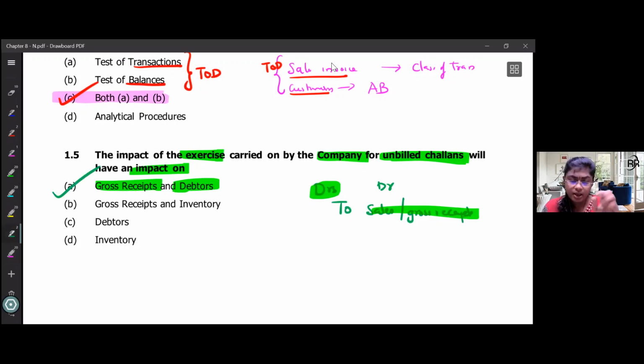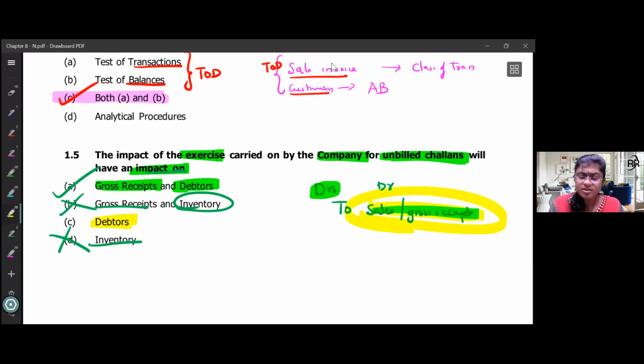Answer is A. But wait, why not the other three? Gross receipts and inventory will be impacted. We said no, because they physically count, there will not be any impact on inventory. Here is also inventory. Here they say only debtors. Both gross receipts and debtors will be impacted.